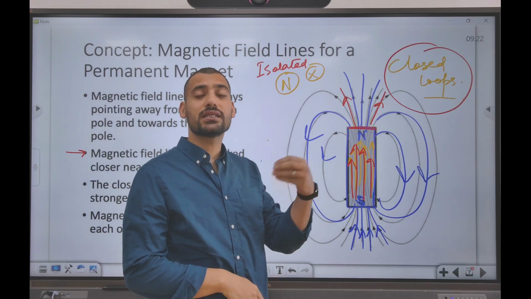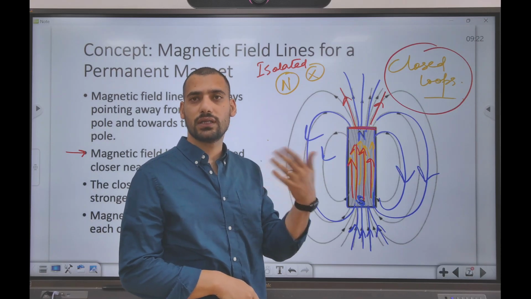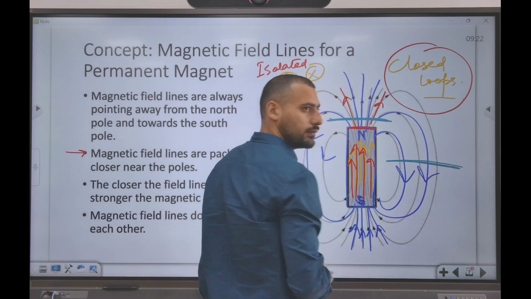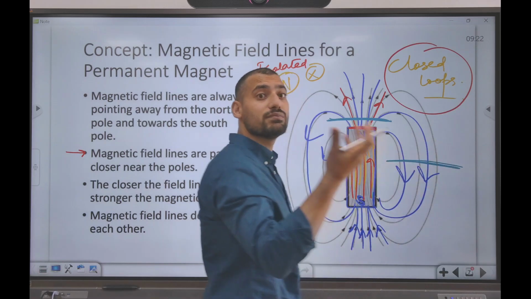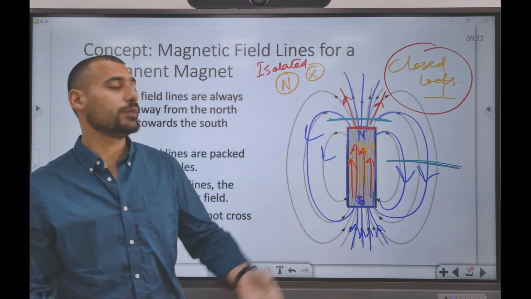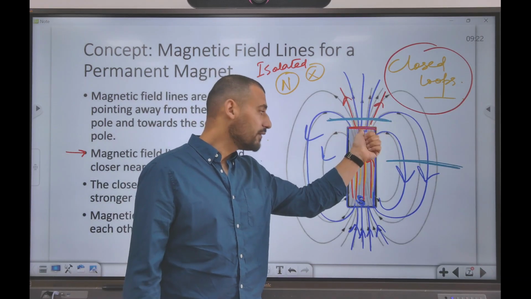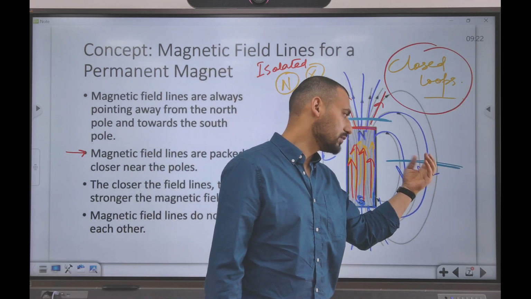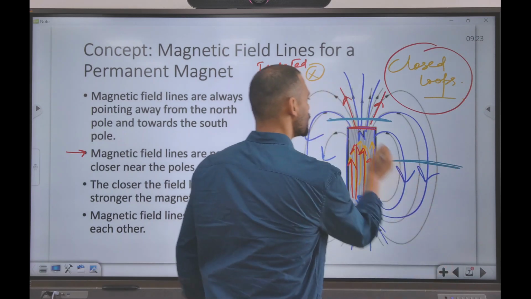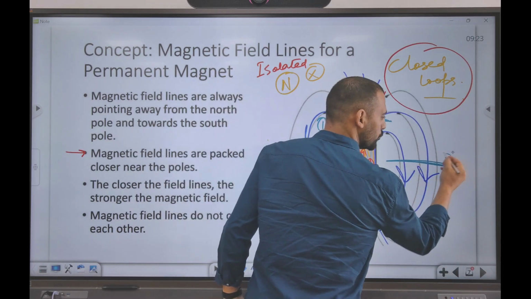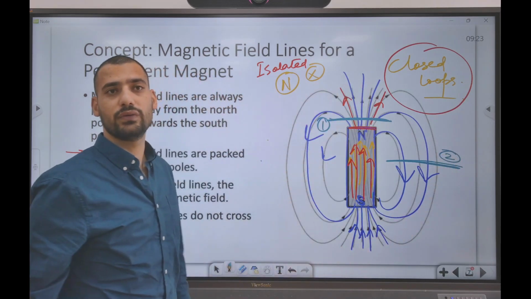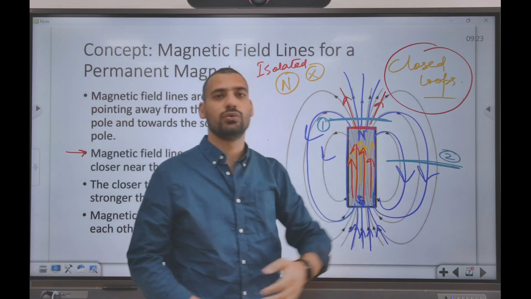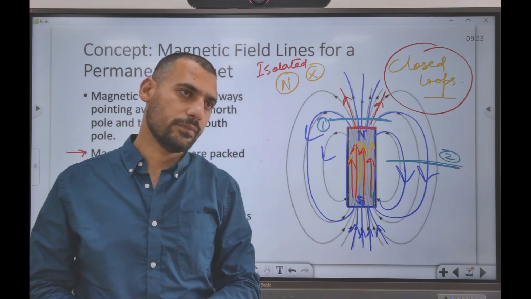I told you flux is the number of field lines crossing your area. So here the flux is higher as compared to the flux here. More number of field lines means more strength of the magnetic field. So the magnetic field has higher strength when it is very close to the poles. The magnetic field is less strong here. So if you compare region 1 with region 2, where do we have more magnetic field? The magnetic field is more at 1 and less at 2. Is that fine? Is this clear?